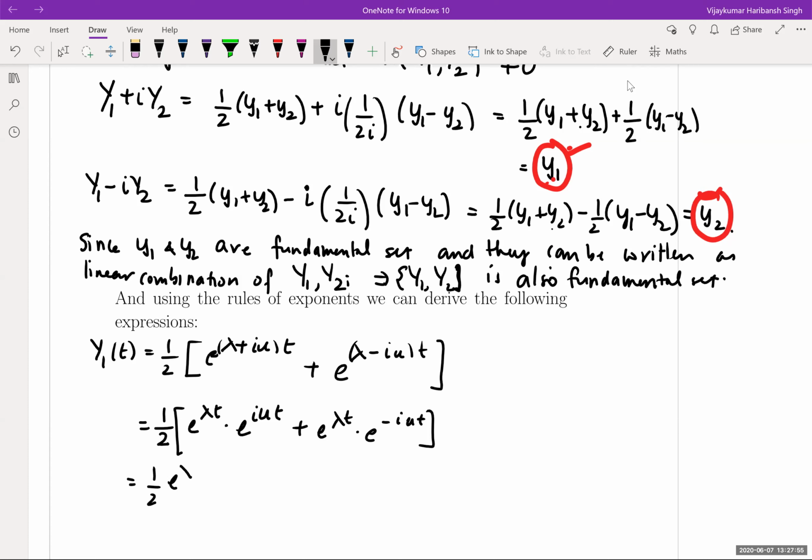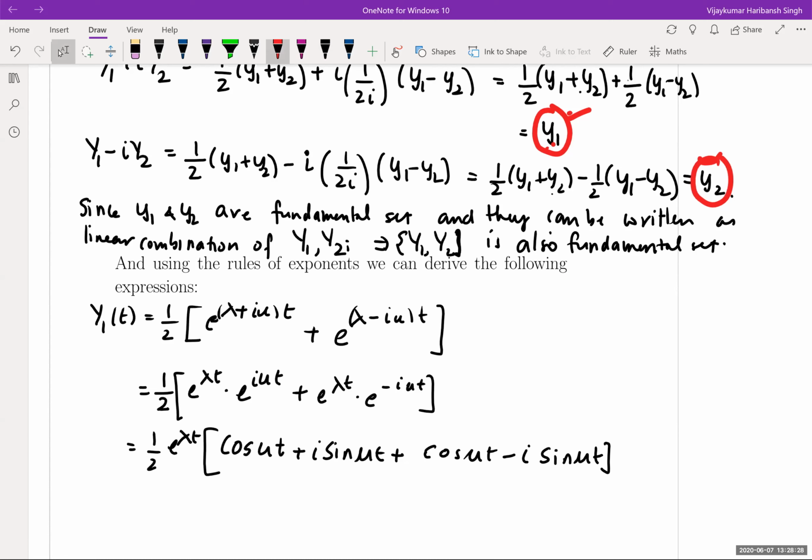What is e to the power i mu t? It's going to be cos of mu t plus i sine of mu t, plus cos of mu t minus i sine of mu t.